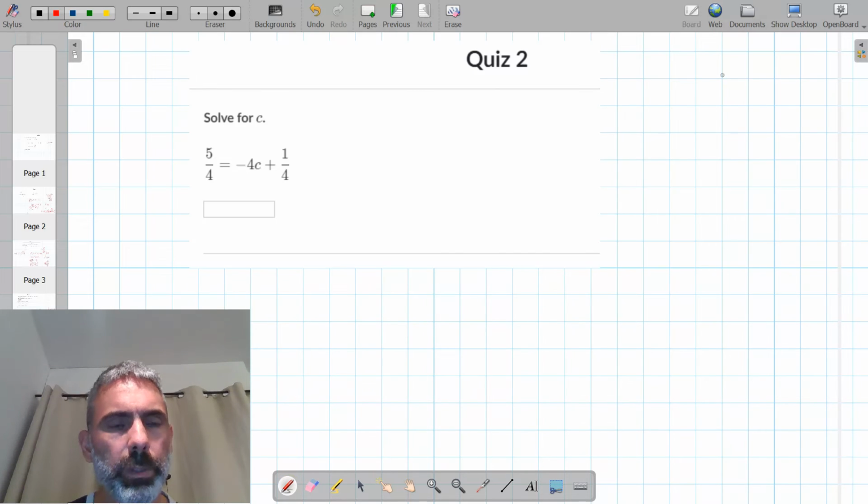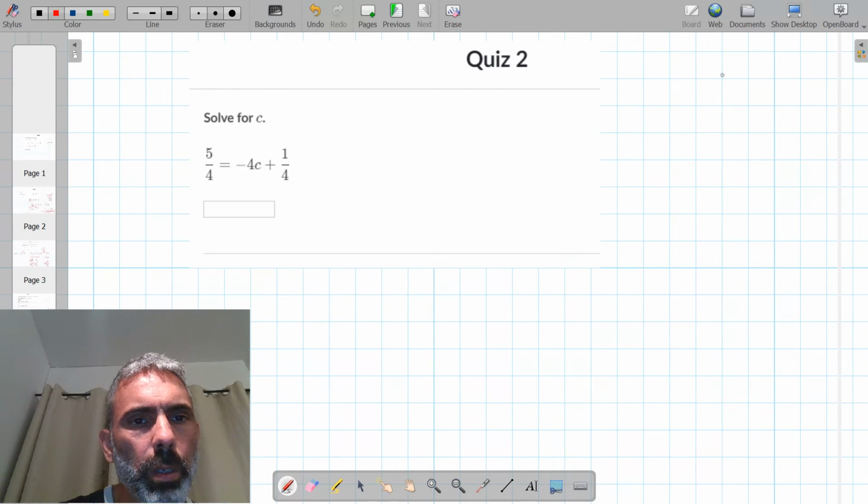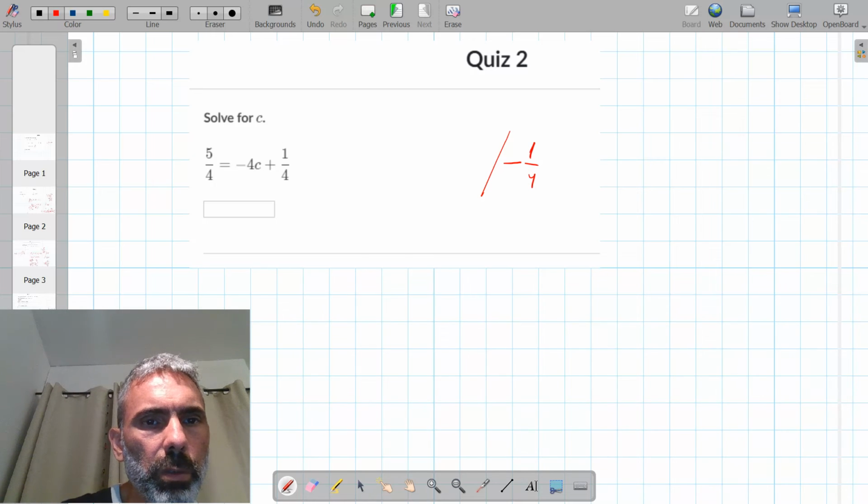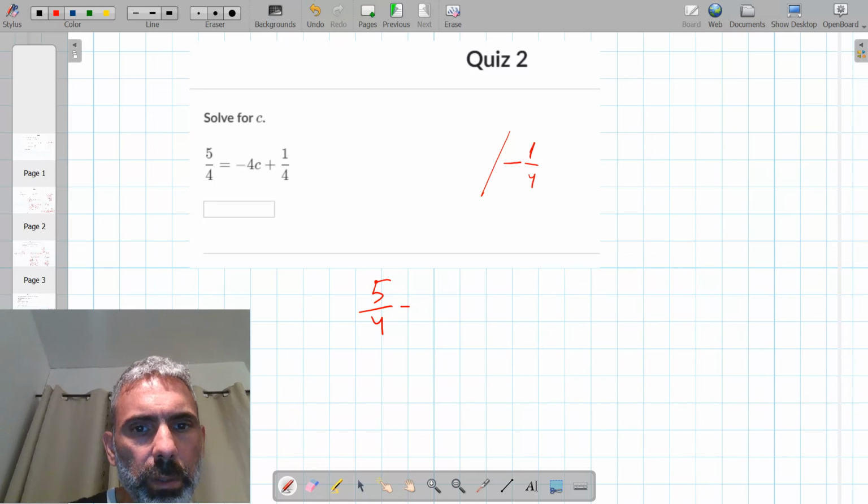Solve for C. Okay. So first we need to subtract 1/4 from both sides of the equation to get rid of this 1/4. So 5/4 minus 1/4 equals minus 4c.